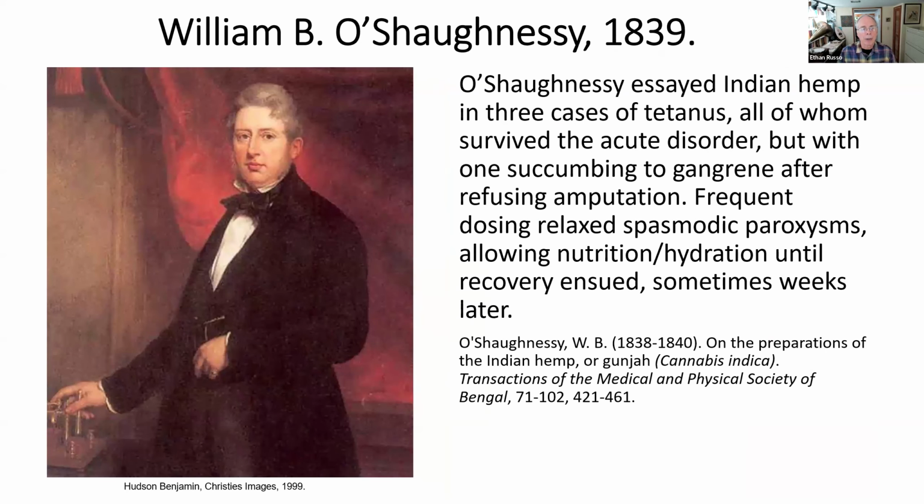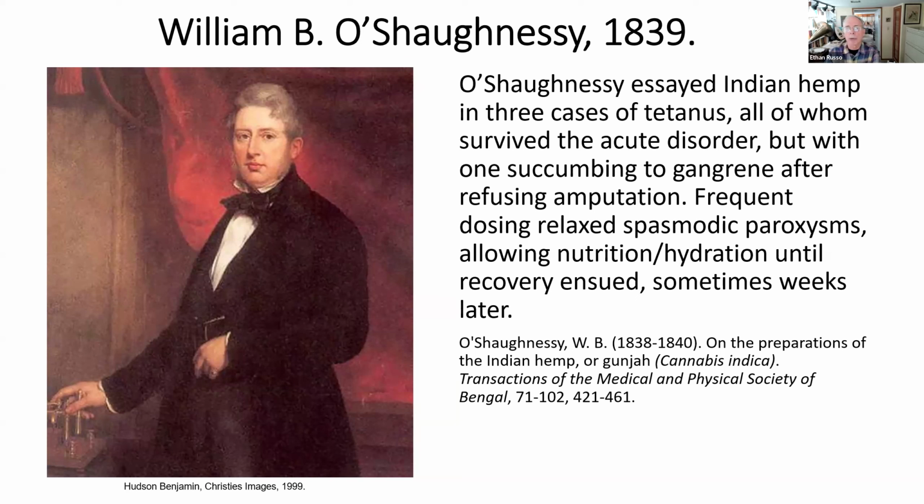In the 19th century, William B. O'Shaughnessy was the man most responsible for bringing the knowledge of Indian hemp to Europe and North America. So he tried Indian hemp in 3 cases of tetanus, all of whom survived. One later succumbed to gangrene after refusing an amputation.